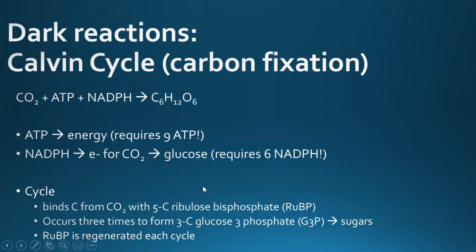Again, the question I'm asking, how many molecules of carbon dioxide are required to form one molecule of glucose? If you answered 6, that is correct. So you need 6 turns of the Calvin cycle to produce one molecule of glucose.